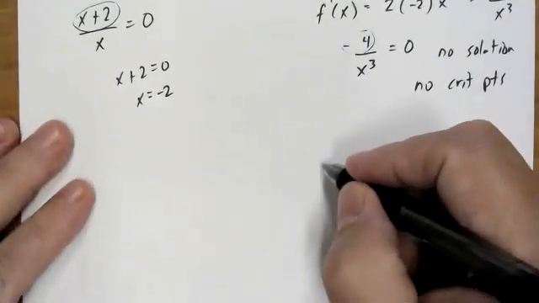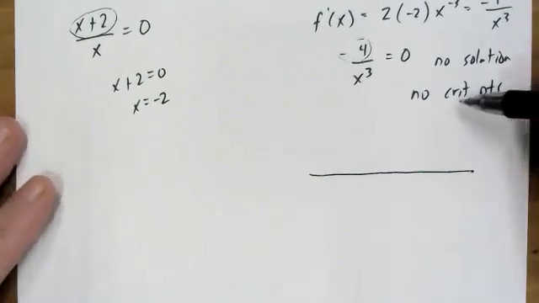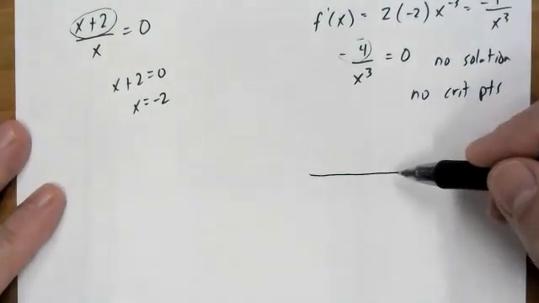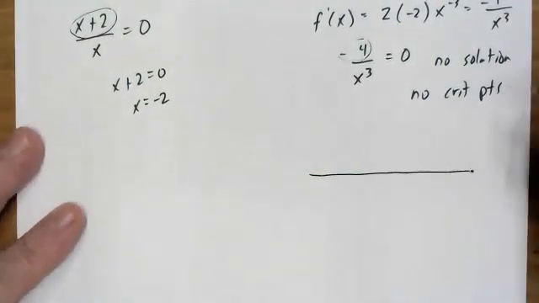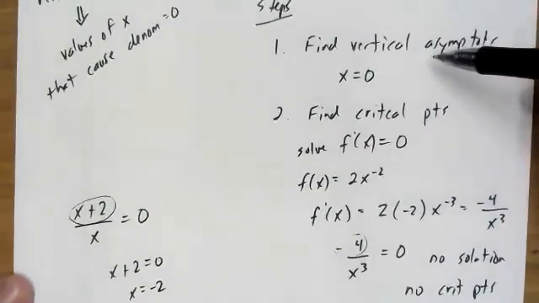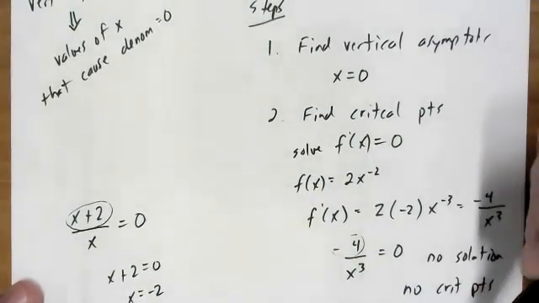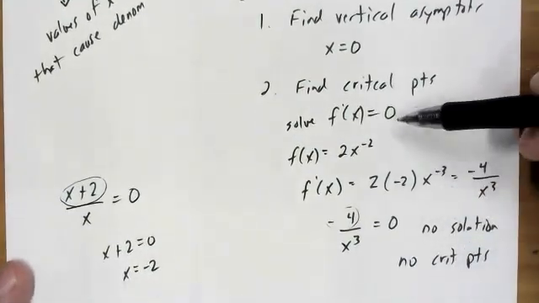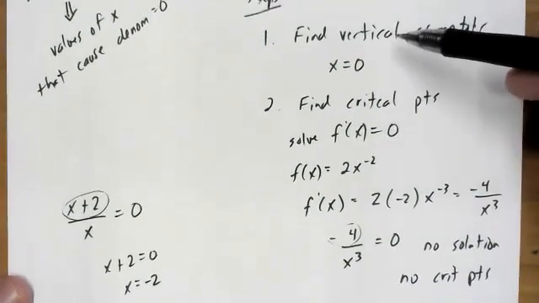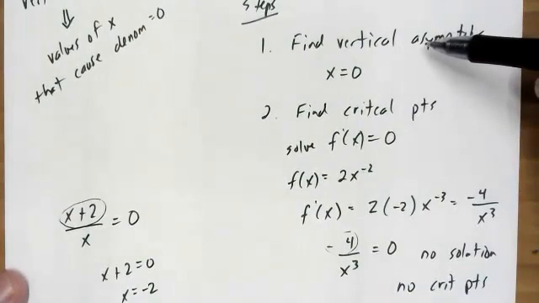However, we still can do our analysis. Normally, we mark the critical points, but now we have something new. We have vertical asymptotes. Just like we break up our graph into regions with critical points, we can also break up our graph into regions with vertical asymptotes.